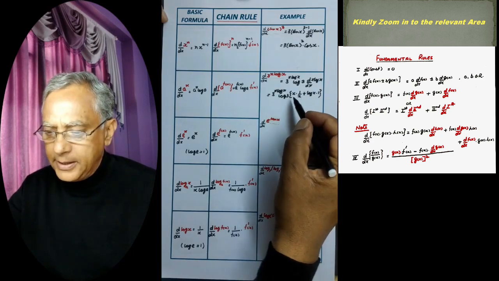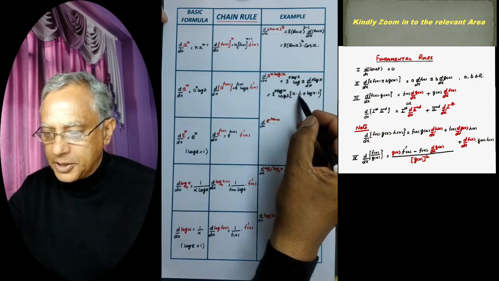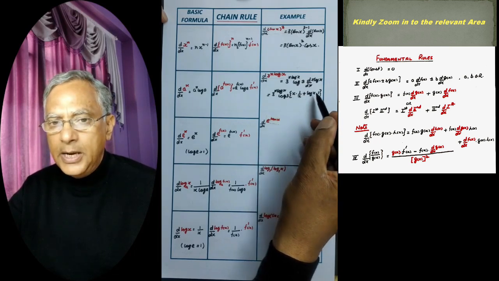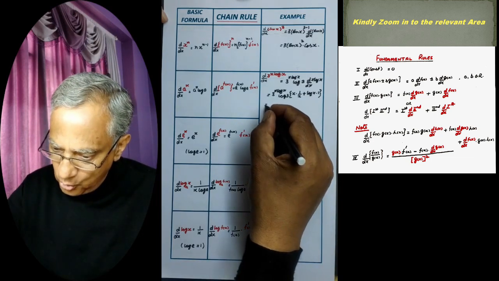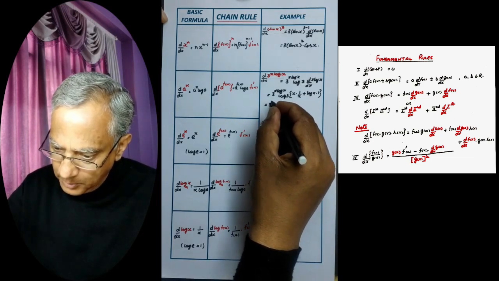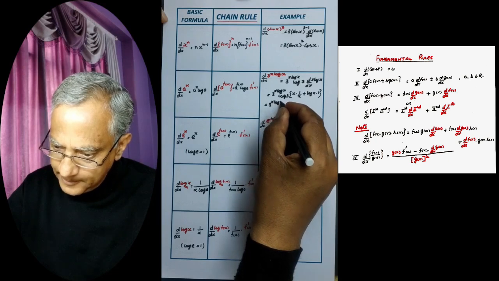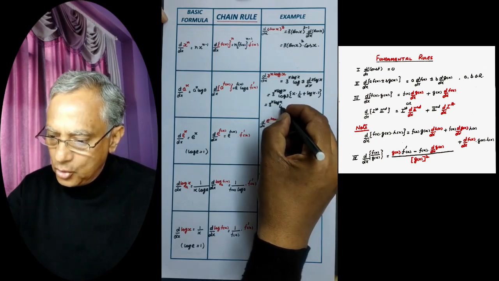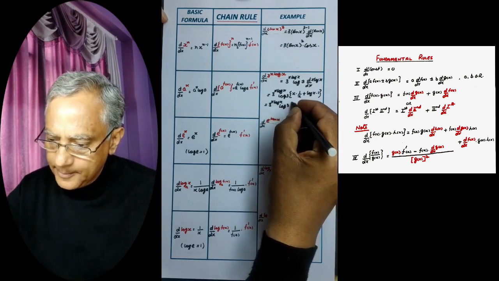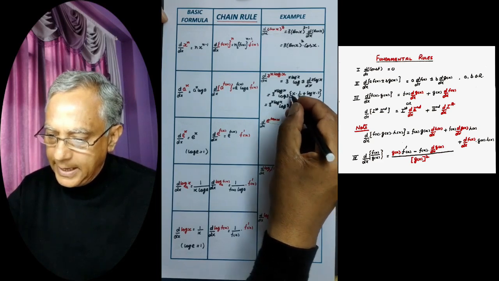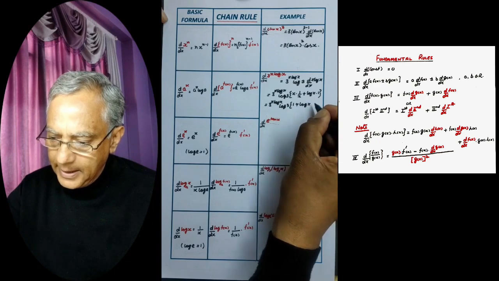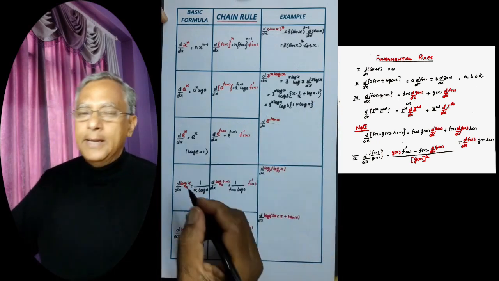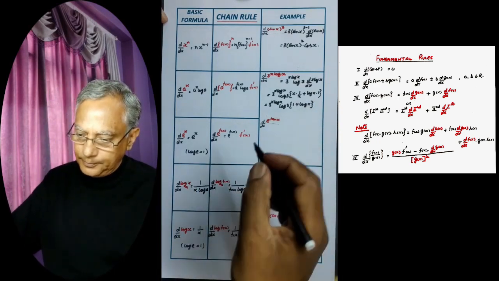Or you can remember it in this way: first function into differentiation of second, plus second function into differentiation of first. So this is equal to 3 to the power of x log x into log 3 whole multiplied by, x cancels, we have 1 plus log x. So this will be the answer.